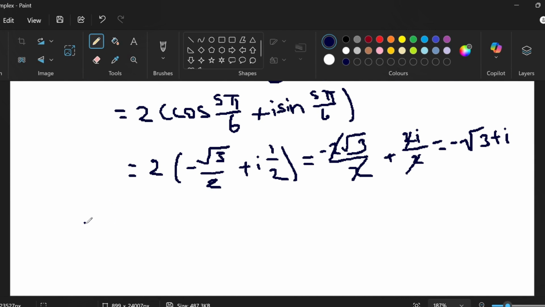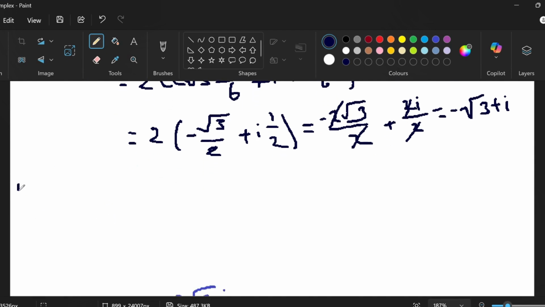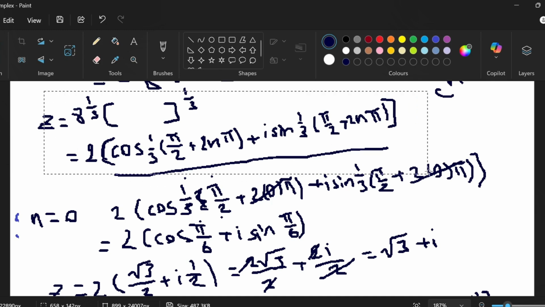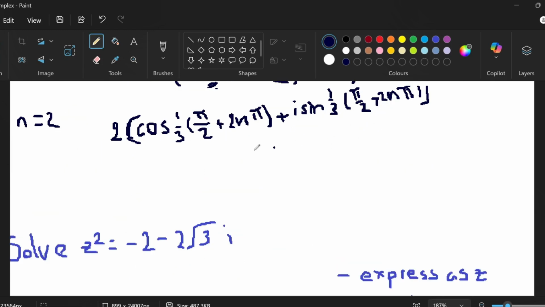For my third and final root, I'll be doing this one more time, where n is equal to 2. So if I look up here at my general polar form of the number, I might just copy this to make it faster. I sub in n equals 2 to get my third and final root.